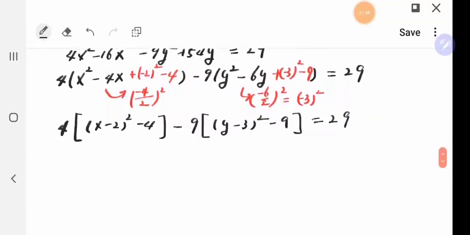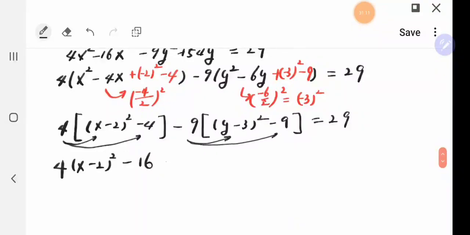And then distribute. So that is 4 times x minus 2 squared minus 16. Distribute minus 9 times y minus 3 squared, plus 81, is equal to 29. Then let's move the constants to the right.